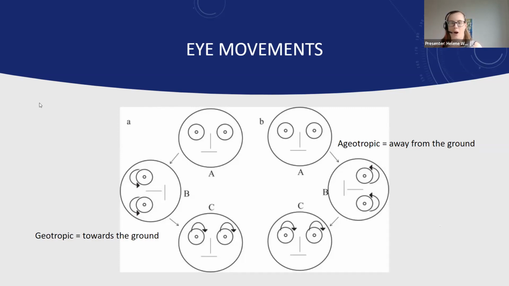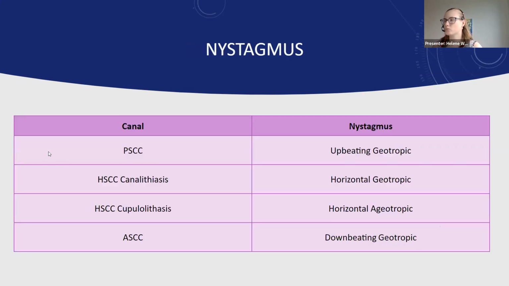So lots of different types of movements that we have to get our heads around, in order to identify which canal might be affected, and then what the appropriate treatment would be. This is an overview of the type of nystagmus that you would expect to see when you do the assessment.